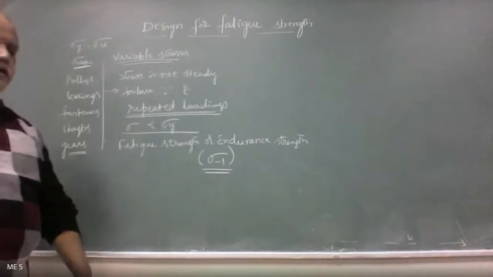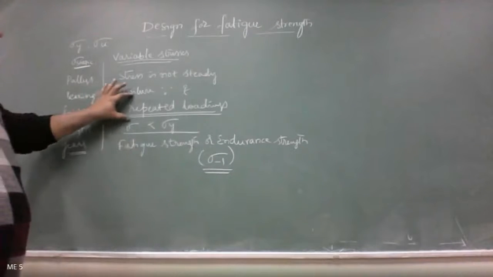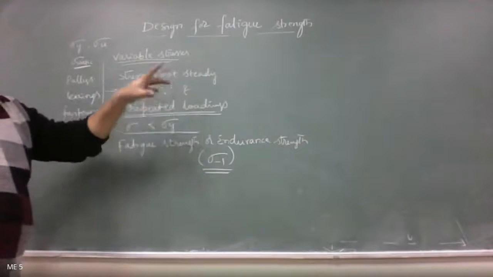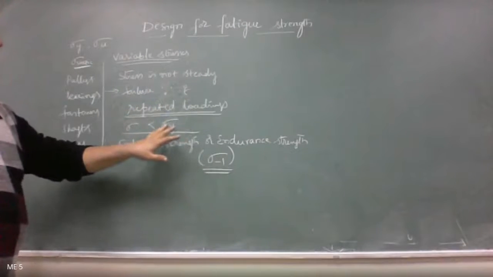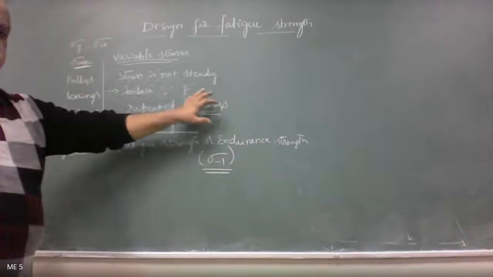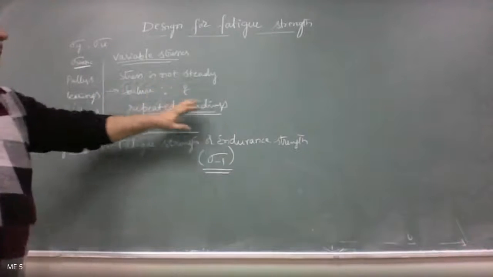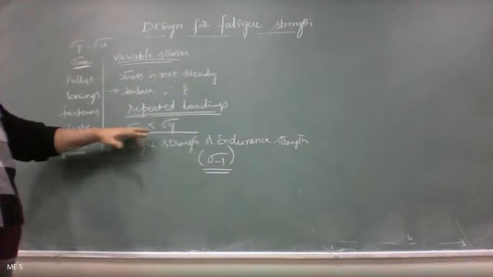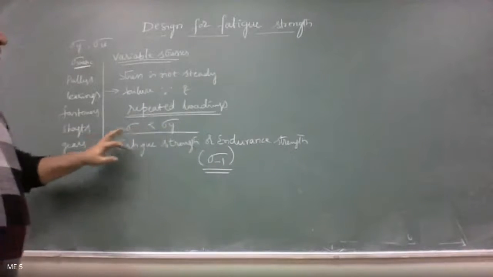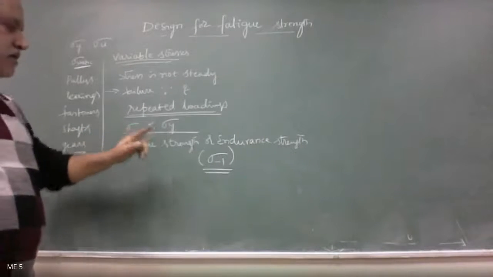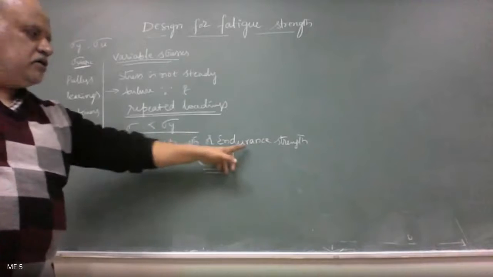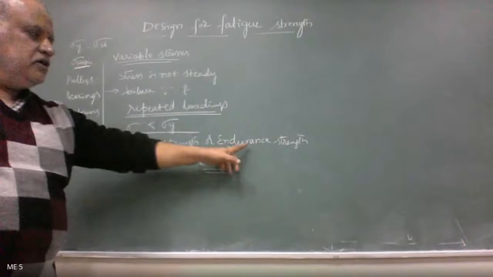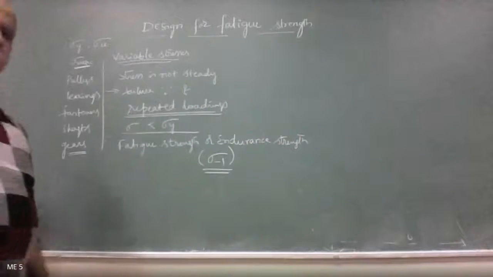We just discussed that the component will fail because of such repeated loadings. They are subjected to n number of cycles, so the component will fail after several cycles of loading, even though the stress induced is less than the yield stress value. Now we should be interested in finding out the strength of that particular material.